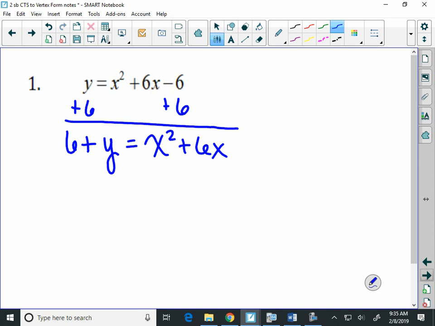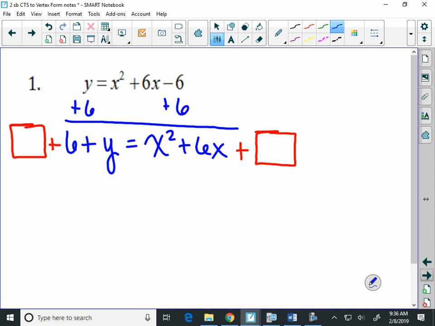But the nice thing is, there's no number in front of the x squared term this time. So we can go directly to add the box. And if we add the box to one side, we need to add the box to the other side. But the process is still the same as when we were solving quadratics.